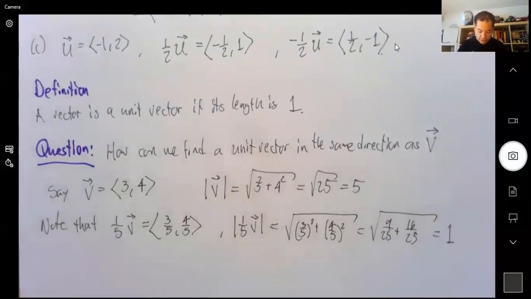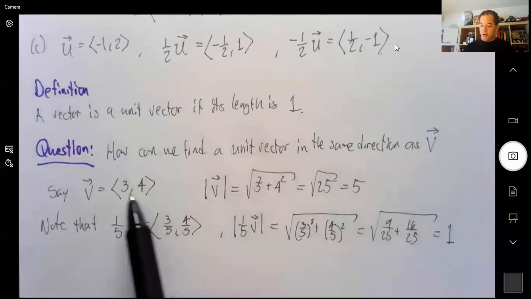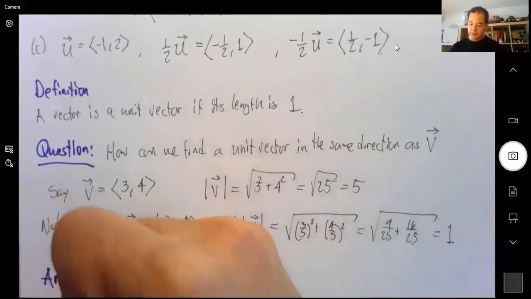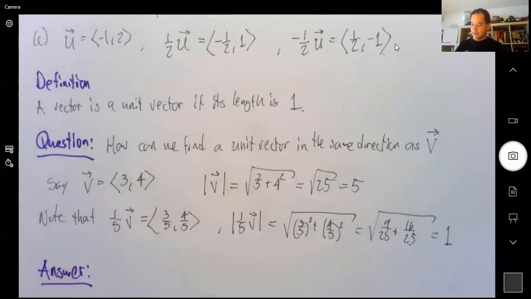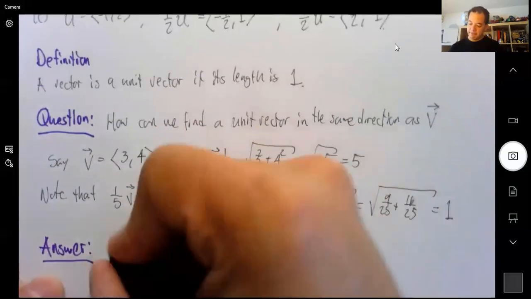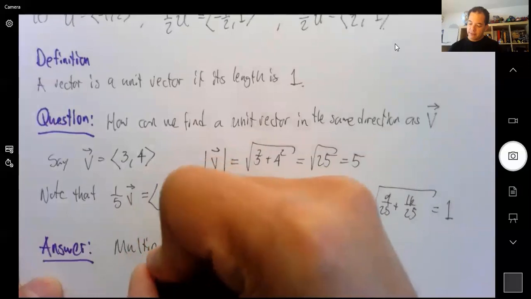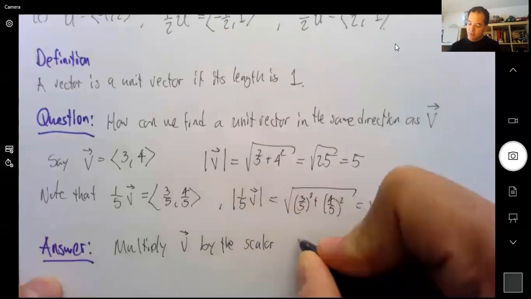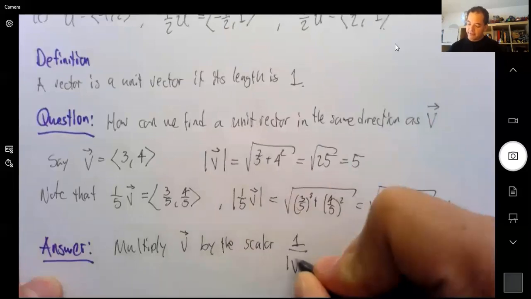So in general, the way to do it is super easy. So we did it for 3, 4, but we just sort of learned how to do it in general. The way we do it in general is we simply multiply by 1 over the magnitude of V. So the answer in general: multiply V by the scalar 1 over magnitude of V, right?